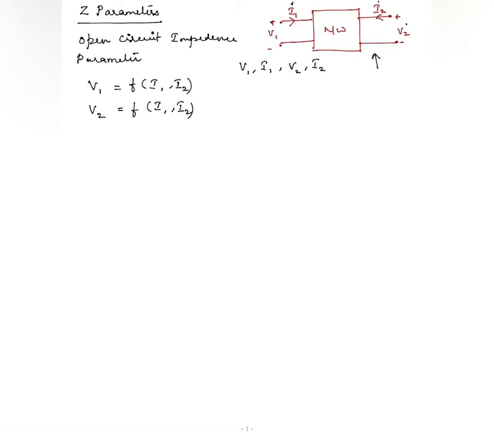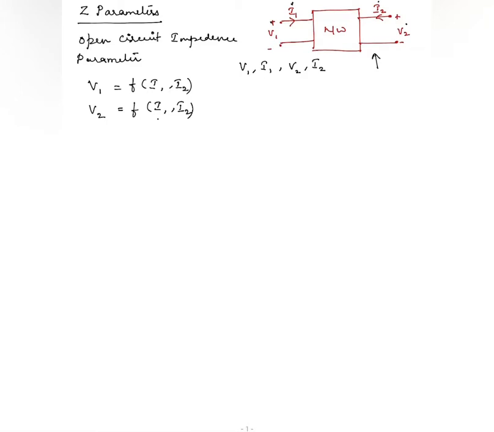So V1 is a function of I1 and I2, and V2 is also a function of I1 and I2. When I say that, what I mean is V1 can be represented in terms of I1 and I2, and similarly V2 can be represented in terms of I1 and I2.